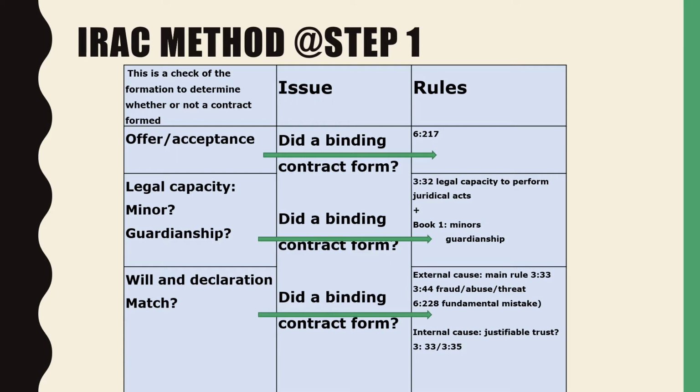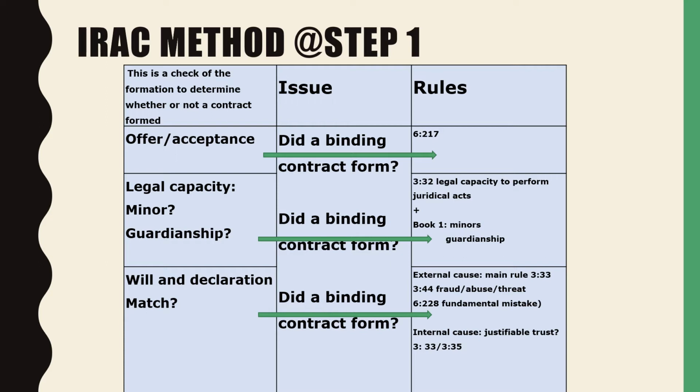The only exception to that main rule is if somebody's will was influenced by his own mind. If the other person didn't notice and didn't have to notice something was maybe wrong, there will be a contract. So 333 says if your will and declaration do not match, there is no contract.